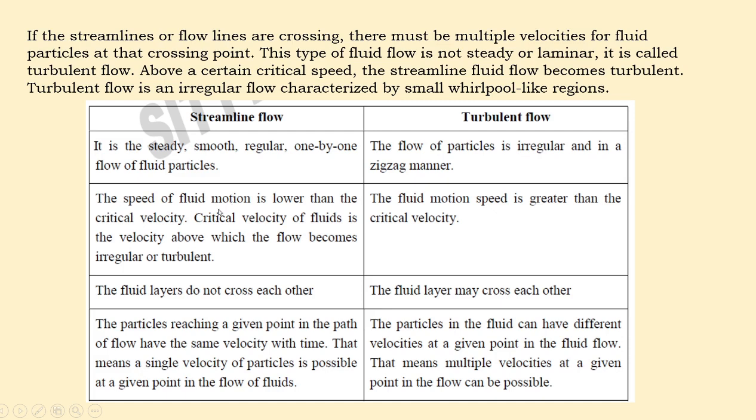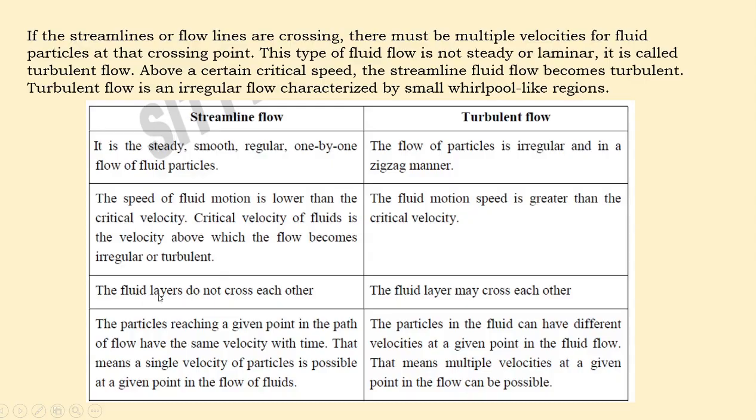The speed of the fluid in the streamline flow is lower than a critical velocity. In the case of turbulent flow, the speed is always greater than the critical velocity. The critical velocity is the velocity above which the flow becomes irregular or turbulent.